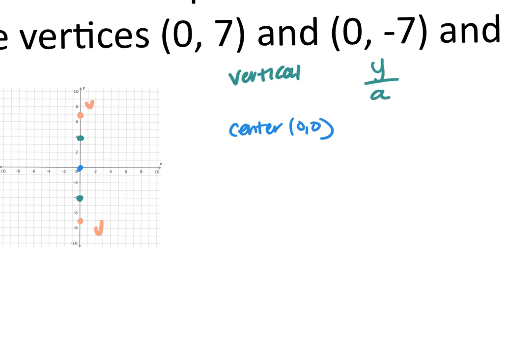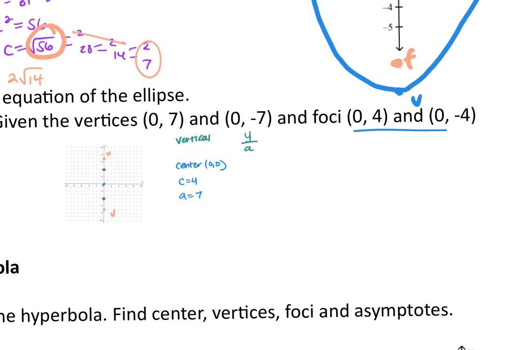Now from the center to the focus is what? 4, and that would be your C. And from the center to the vertex is 7, and that would be your A.